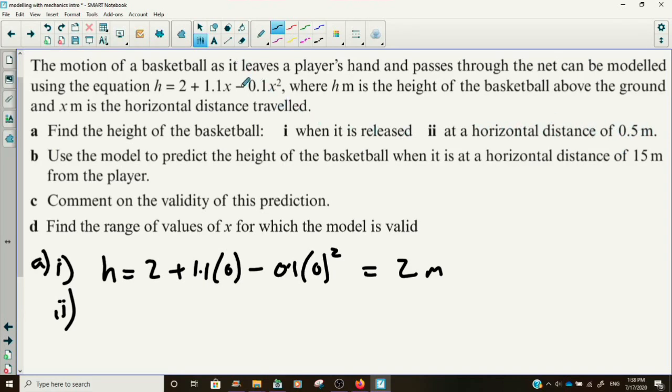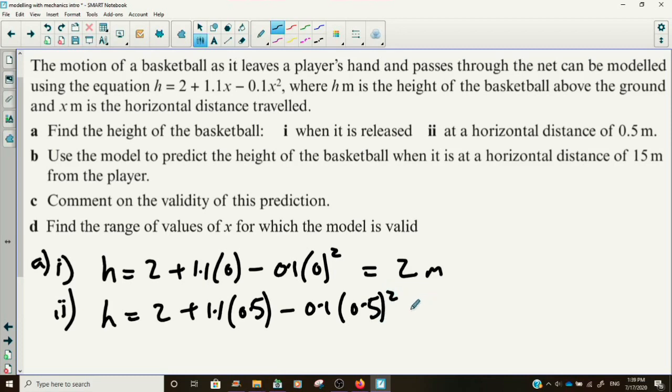So that's when x equals 0.5. So again, it's just a case of putting this into the model and working out what the height is. So just replacing x with 0.5, and you can put this into your calculator and work it out. You actually get a value of 2.525.